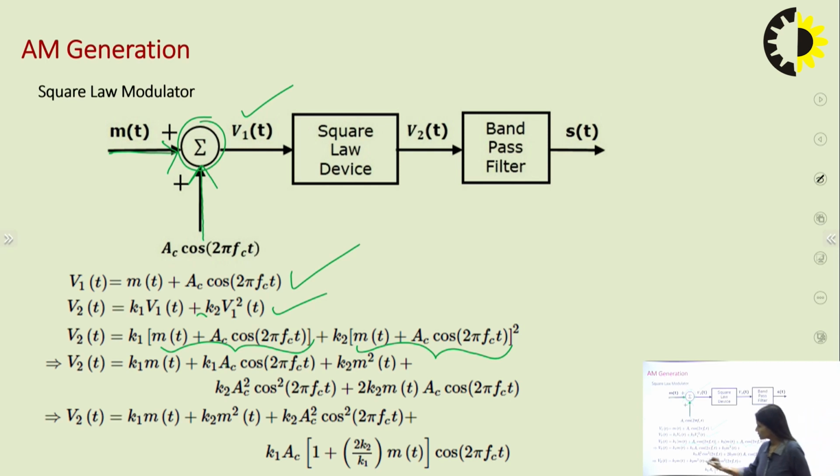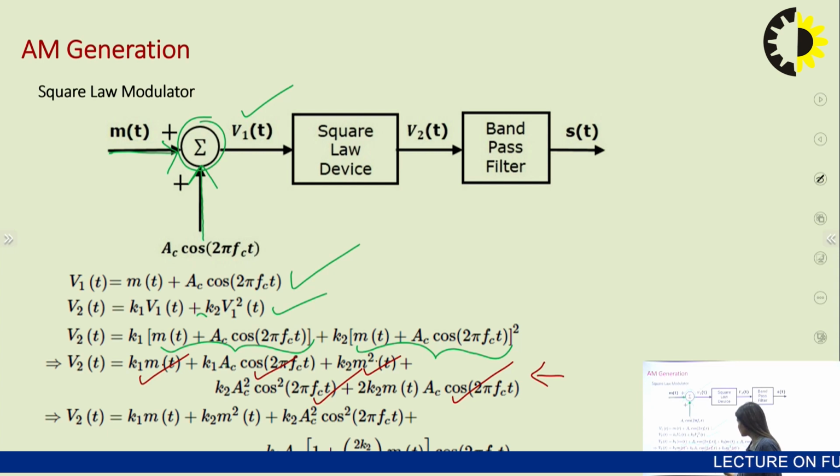Just apply this: K1 m(t) plus K1 AC cos 2 pi FC t plus K2 m square(t) plus K2 AC square cos square 2 pi FC t plus 2 K2 m(t) AC cos 2 pi FC t. So how many terms am I getting here? 1, 2, 3, 4, 5.